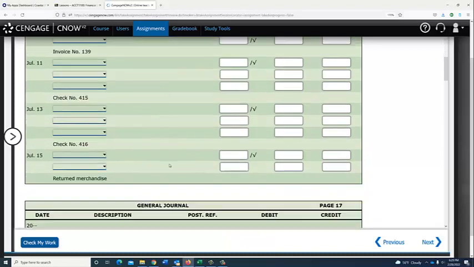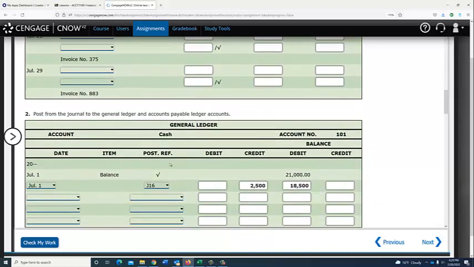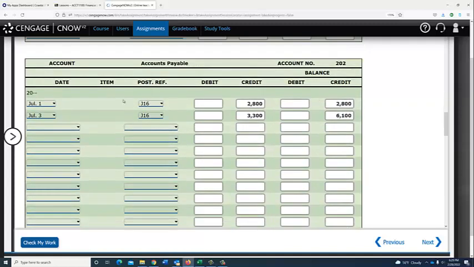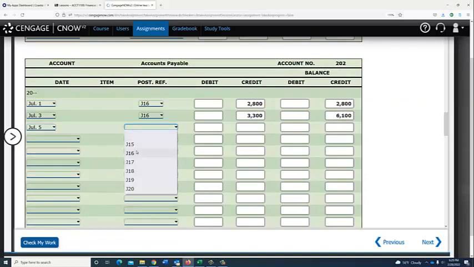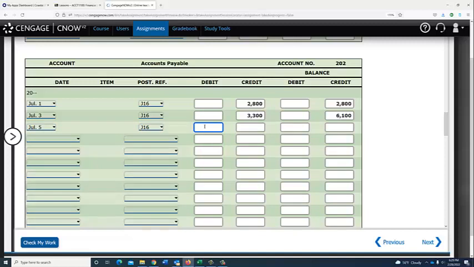Okay, so now let's do the update. Accounts payable comes first, so we'll do that one. July 5th, the posting reference. This time we have a debit to accounts payable for the return of $300. So $6,100 minus the debit of $300 will give us a balance of $5,800.